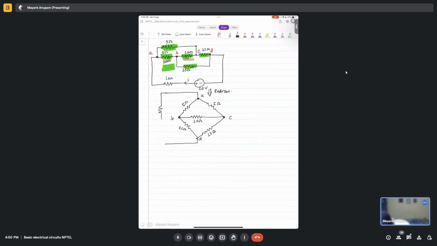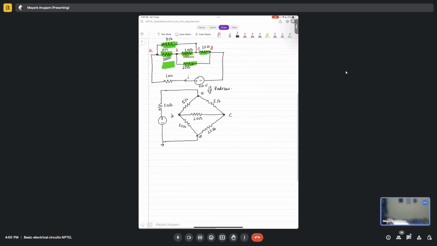You have 10 ohms. Then you have a voltage source here, and then a connection like this. This is 20 volts. Now are you able to see anything?